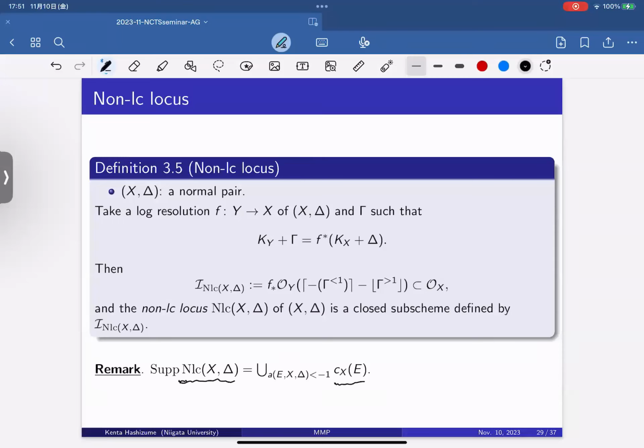So we recall that (X, Delta) is LC if and only if this discrepancy is greater than or equal to -1. Yeah, so this is the set of points on which (X, Delta) is not log canonical.